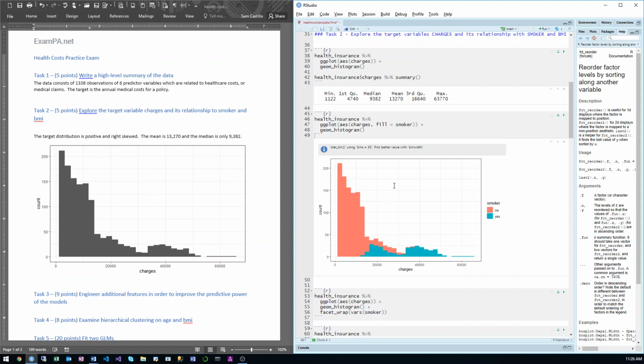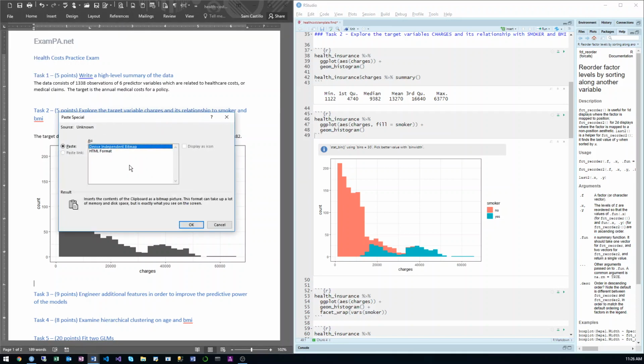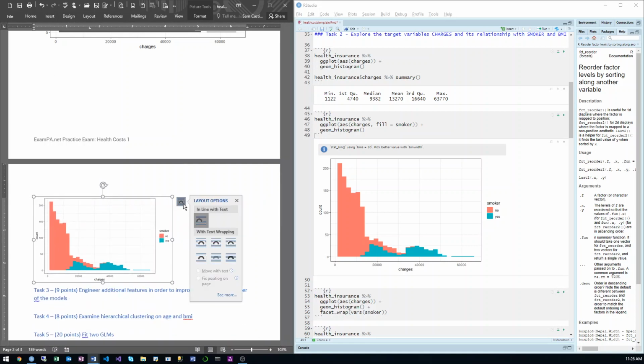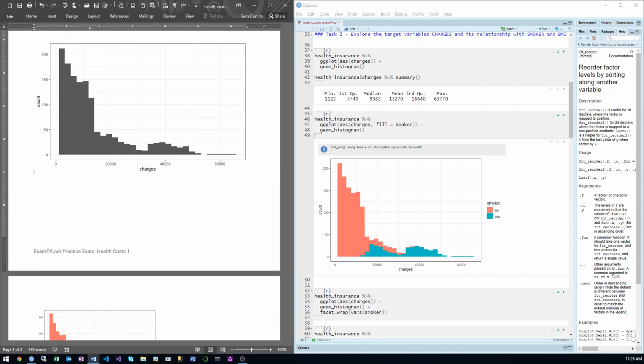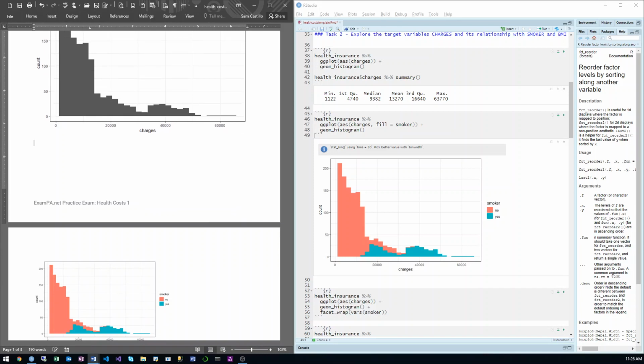You can see that smokers have higher claims on average than non-smokers.